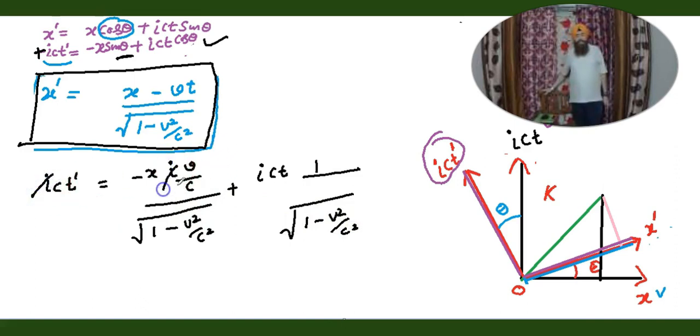Now iota cancels and c is also simplified because it is in each term. So we are getting the equation for t dash.